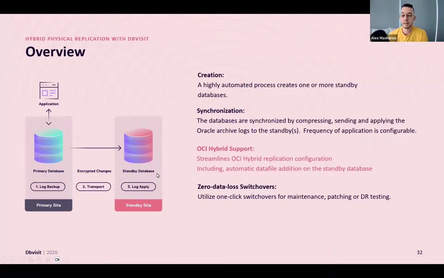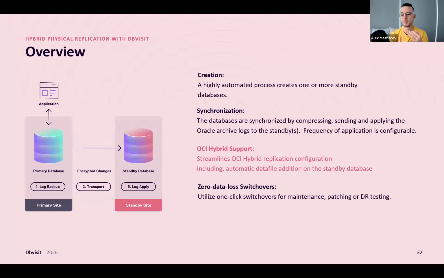So to support this new hybrid DR flow, everything that Vijay has just been describing, we've packaged that into a solution so that it happens completely autonomously. You don't have to actually do anything in order to implement all of those steps.